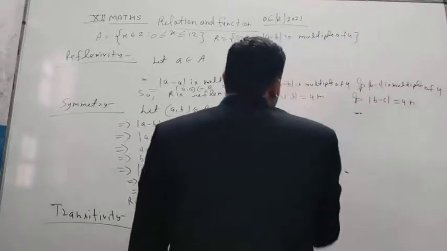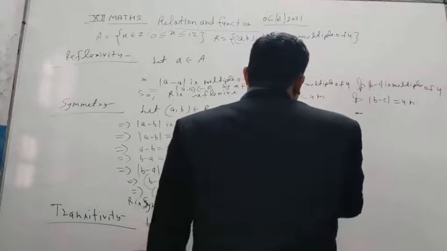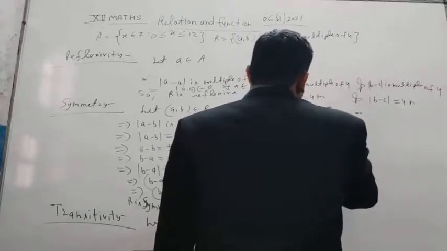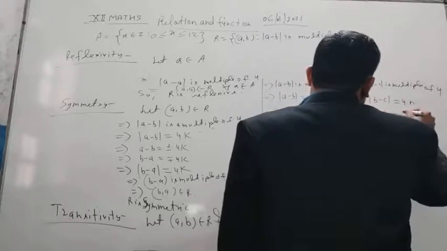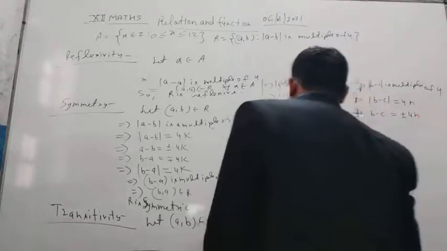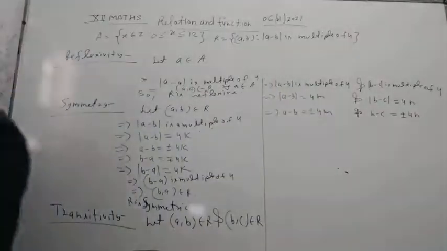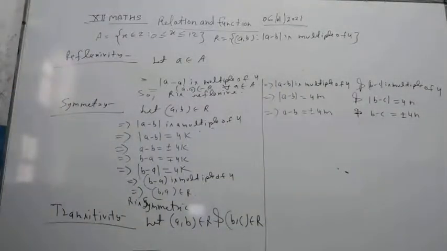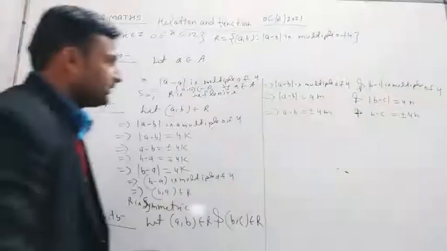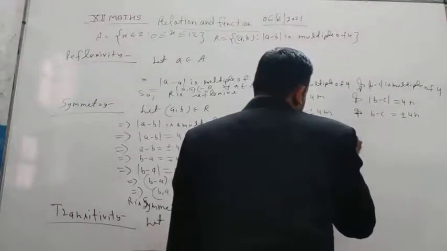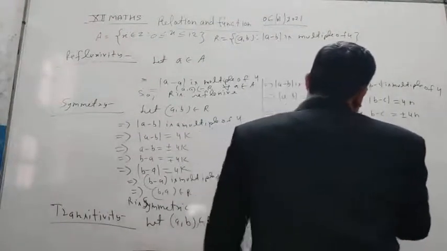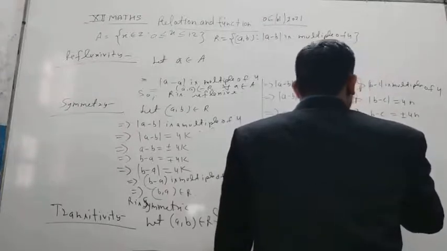When we write A minus B, this is plus minus 4m, and B minus C, this is plus minus 4n. Now we are adding these two: A minus B plus B minus C, we get plus minus 4m plus minus 4n.